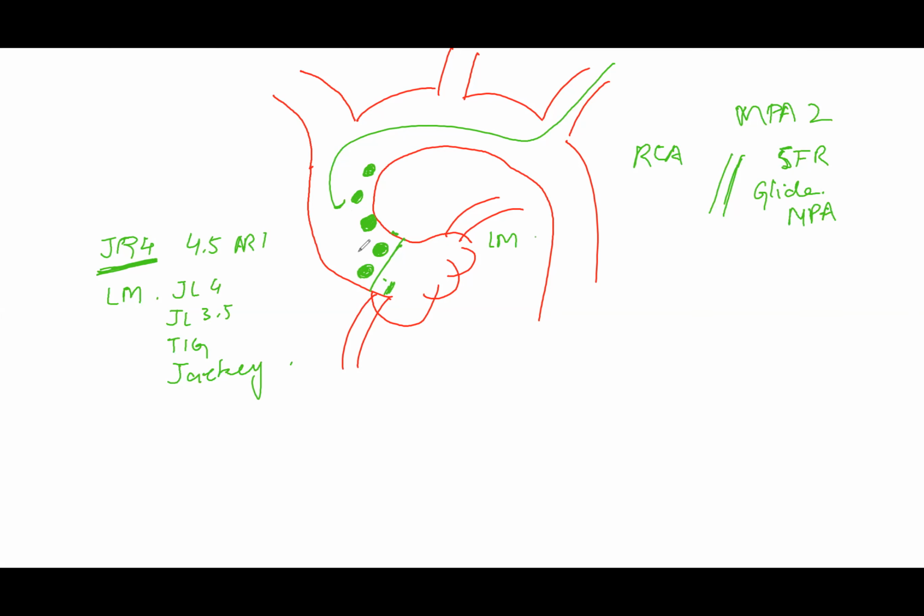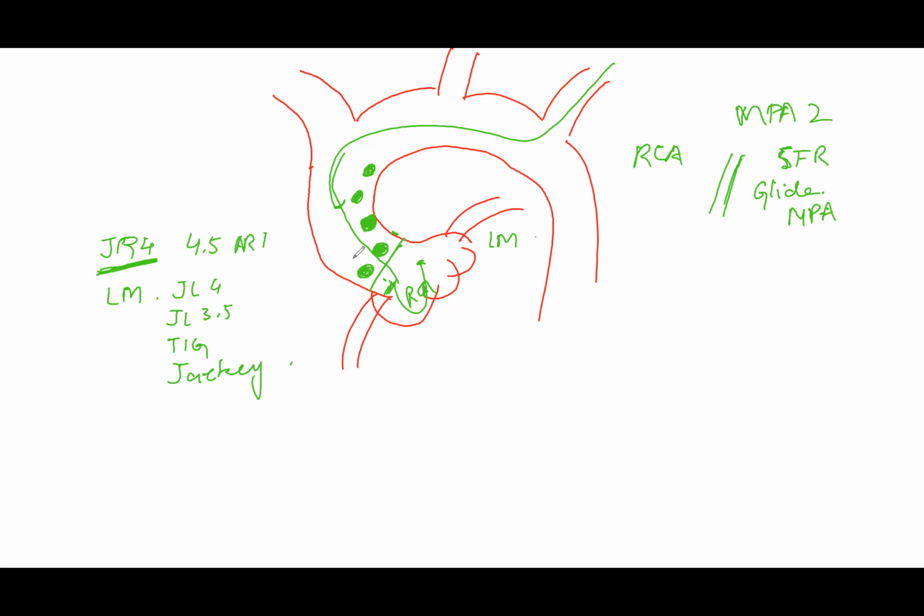And what I do is I put it in the RCA cusp and prolapse it, looks like this. Once it looks like this, I then bring it back, clockwise and counterclockwise, keeping the tip of the catheter towards the anterior aspect.